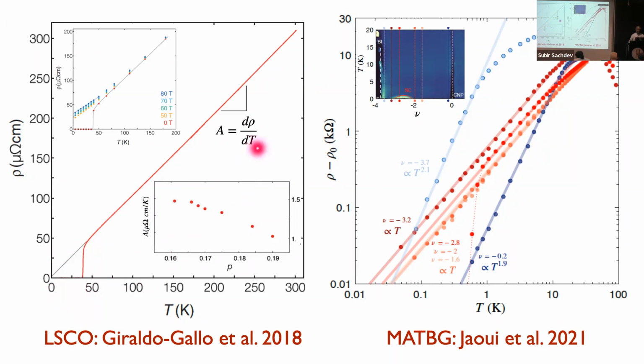So now there are many mechanisms for linear resistivity at very high temperatures, from electron-phonon scattering or even very strongly interacting electron systems. So that's relatively well understood. But really the mystery is that it goes down to very low temperatures and seems, in principle, to even go down all the way to zero temperature.